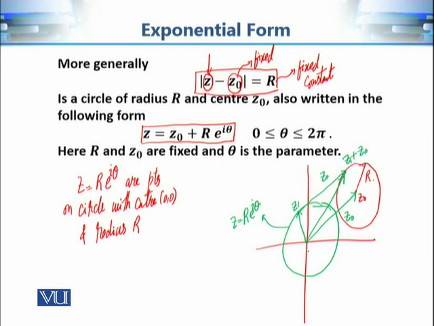So in the vector form, we are getting points on this circle, and then we are adding Z0, and then we are getting the points on this circle. Or we can also say that we have translated this whole circle in the Z0 direction.